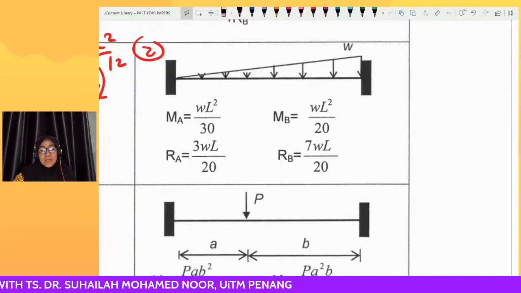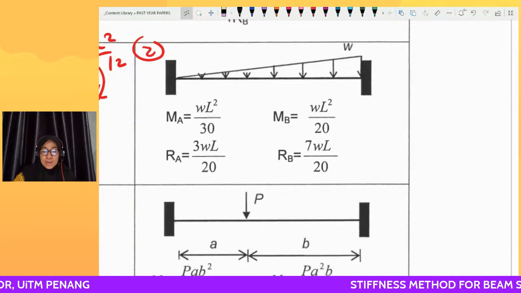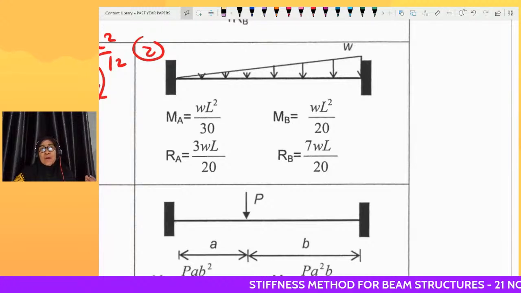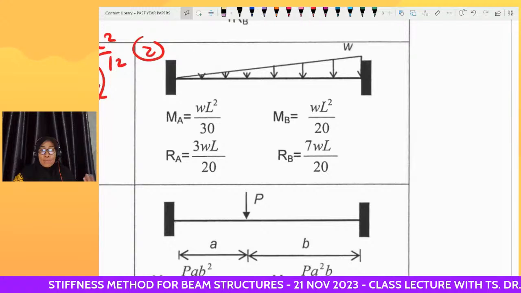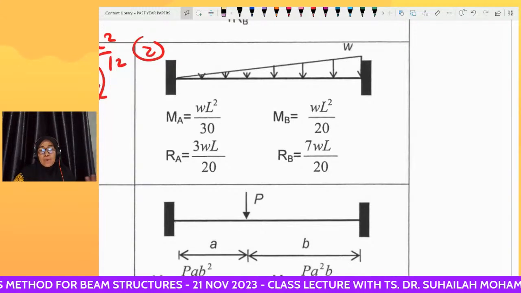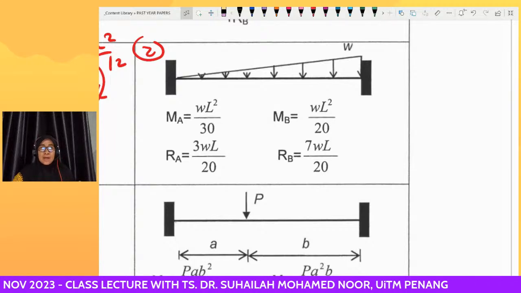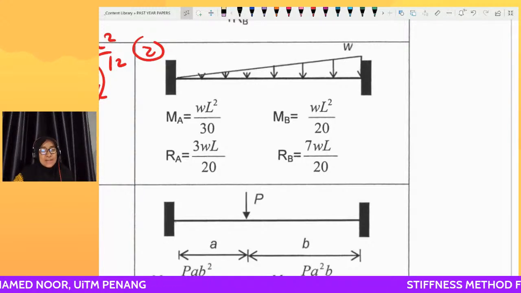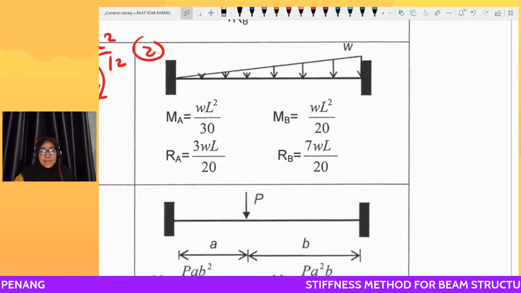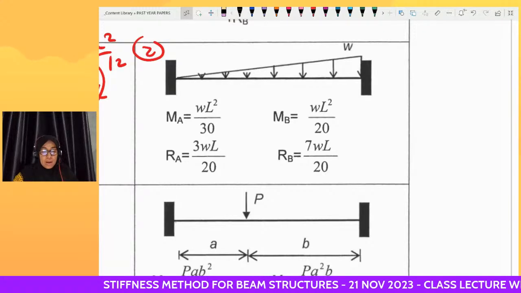For the triangular load, we cannot get equal values of vertical reaction and moment at supports A and B. We have to distribute it to the nodes, so that's why we get four different formulas for moment and for vertical reaction at the support.